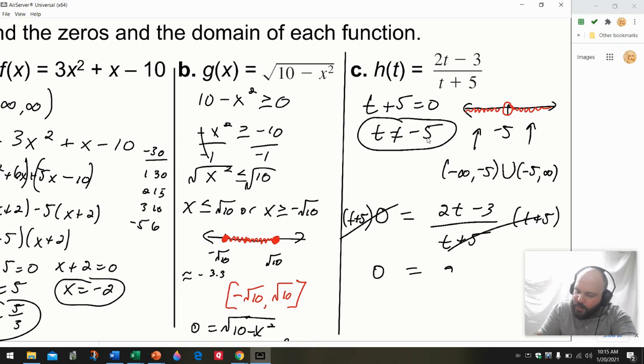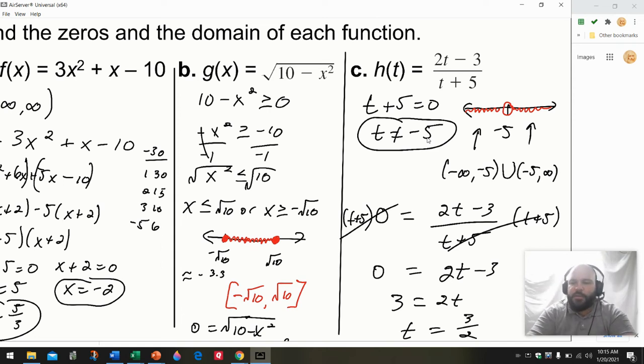Those cancel out, and we're left with 2t minus 3. When I add 3 to both sides, I get 3 equals 2t. Then once I divide both sides by 2, I get t equals 3 over 2. That means that particular function will cross the x-axis at 3/2 or 1.5. It'll only cross once.